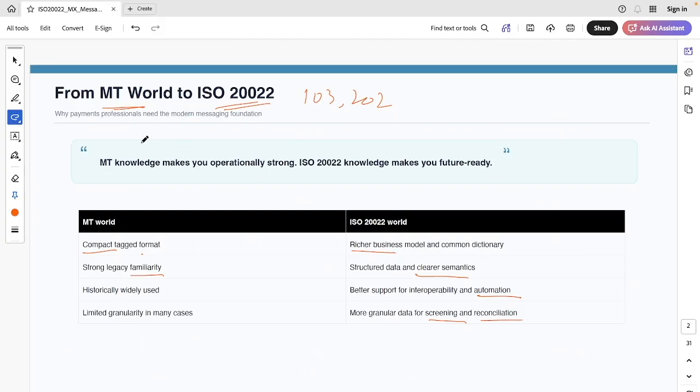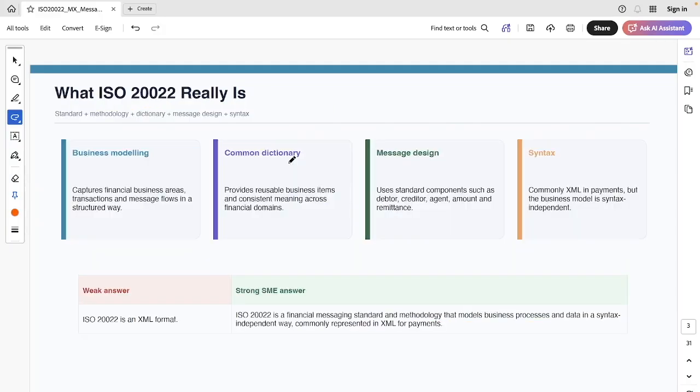In short, I will say your MT knowledge is still valuable. It makes you operationally strong, but your ISO 20022 knowledge makes you future ready. Okay. Now that we know why the industry moved in this direction, let us define what ISO 20022 really is.